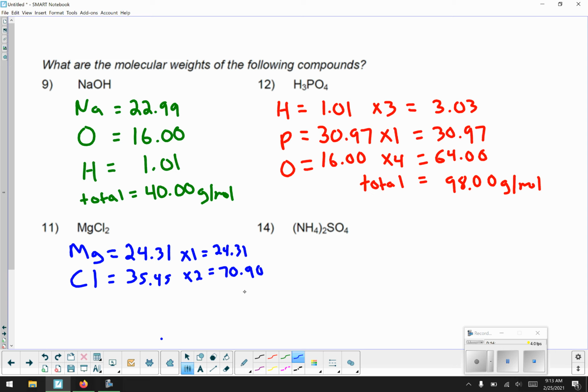You don't even have to show the multiplication. I trust that you can do this on a calculator. But you may want to check your work and just make sure you aren't messing it up. It's fairly easy to look up molar masses of stuff. So you add those together, and the total you get is going to be 95.21 grams per mole.